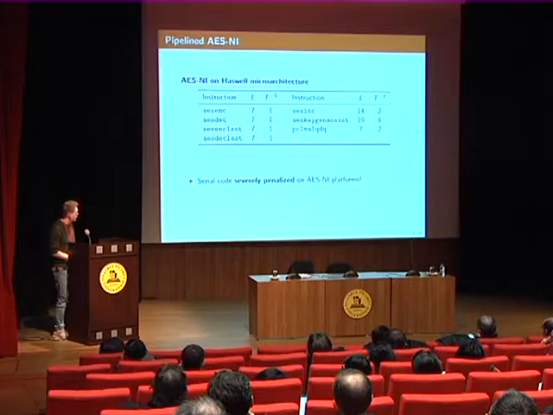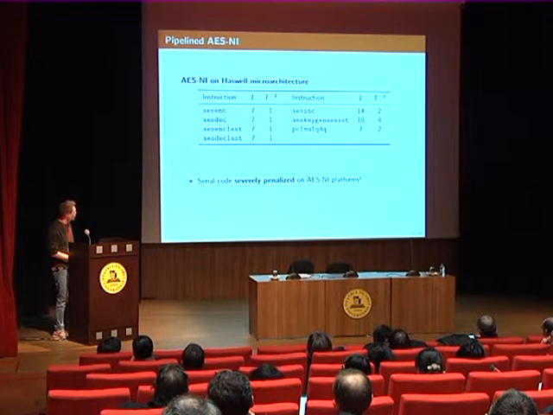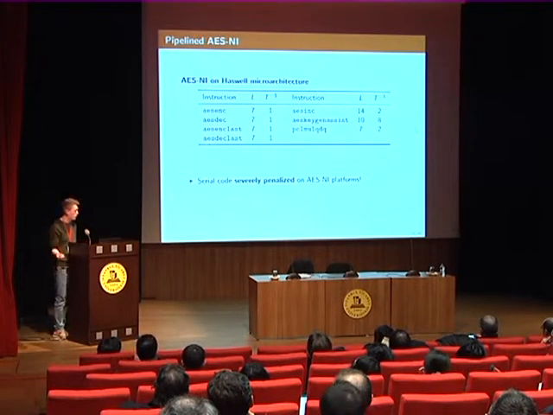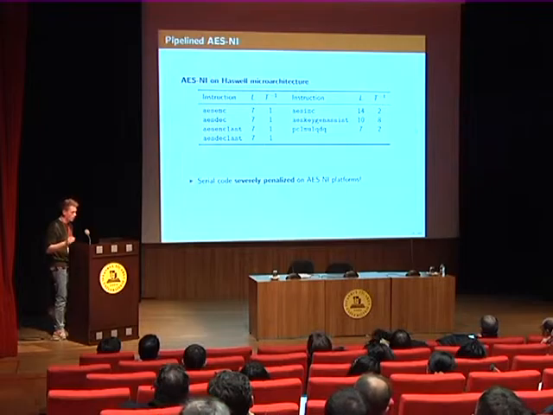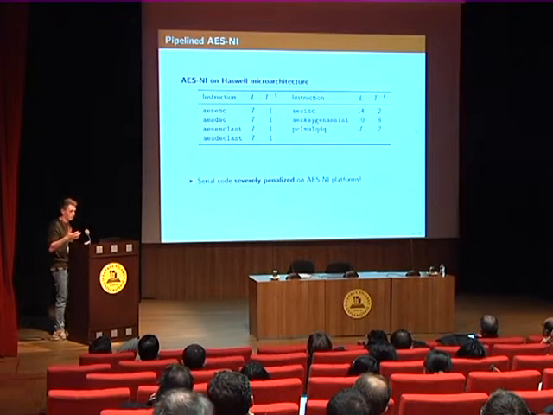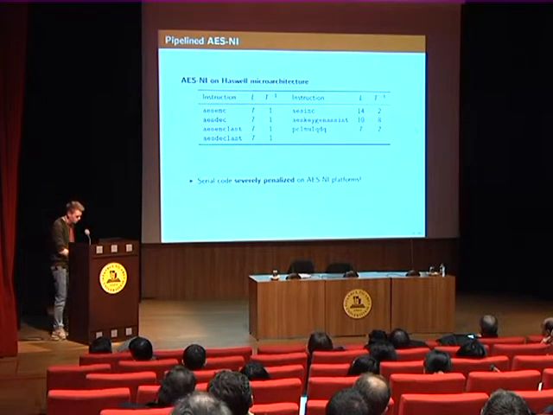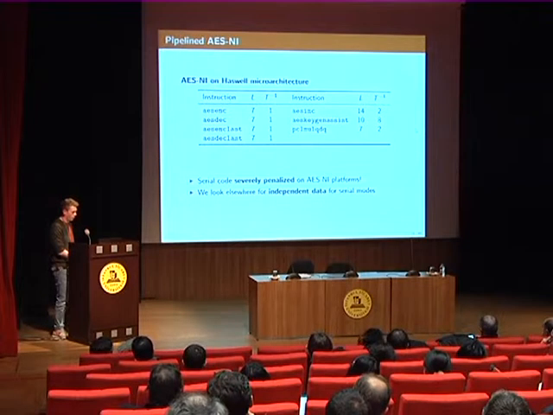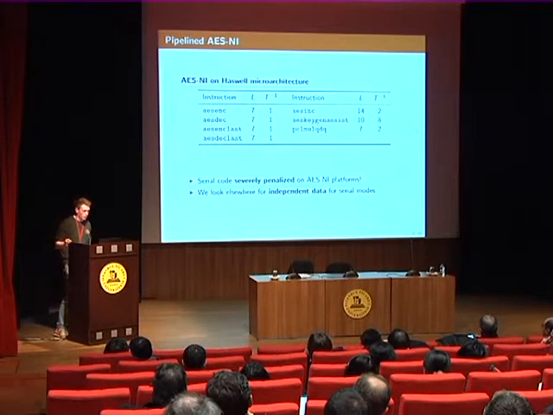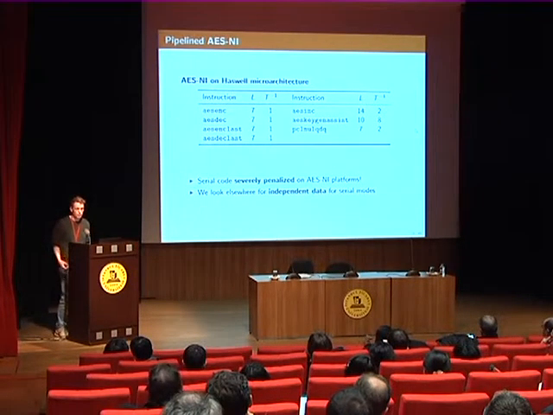But this means also that serial modes of operation are severely penalized because every time we issue one of these instructions, we have to wait 7 cycles before we can issue the next one. But in fact, from the inverse throughput, we see that we are able to issue one instruction every clock cycle, which means we are wasting basically a lot of time in these serial modes. So if we want to speed up serial modes of operation, we have to look somewhere else for independent data to operate on to fill the pipeline.